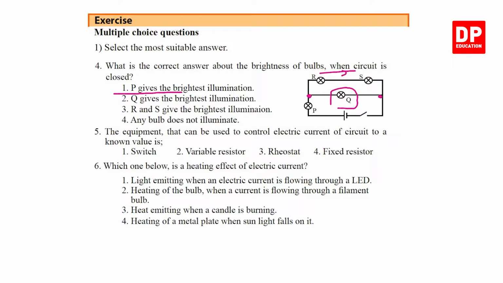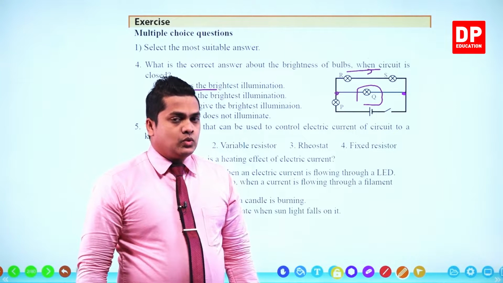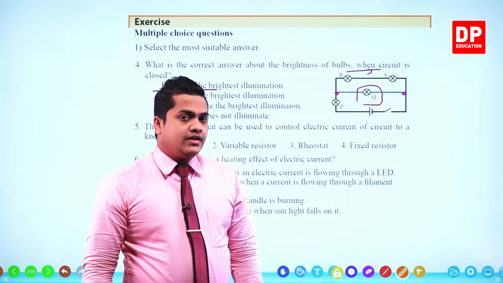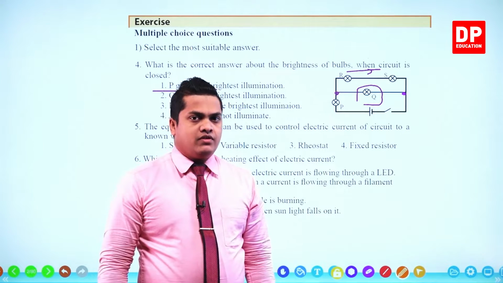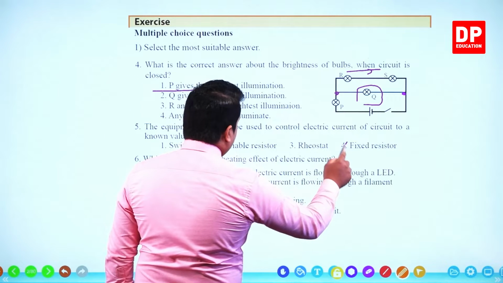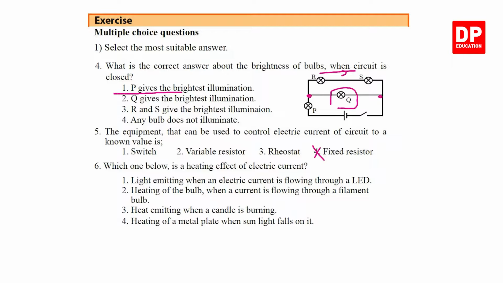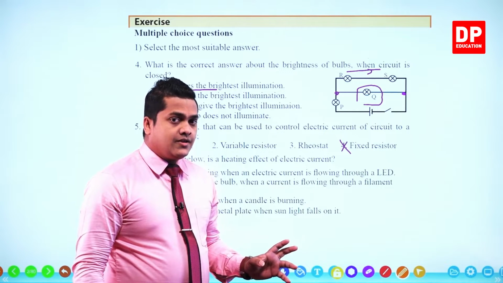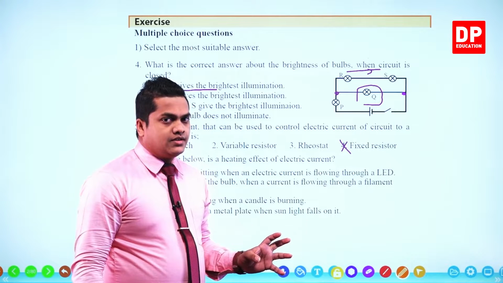Next one, the equipment that can be used to control the electric current of a circuit to a known value. So this is really simple, my dear children. To a known value, we use a rheostat, right? Resistors are the ones which we use to control the current in a circuit. But we can't use fixed value resistors in a circuit in order to get a desired value, right?